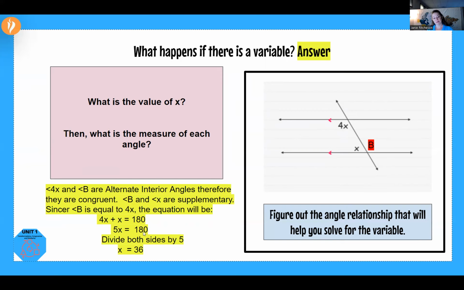And then to cancel out times 5, you divide both sides by 5. So the value of x is 36 degrees. So that means this angle is 36 degrees. And to get the measure of this angle, I would multiply 4 times 36 to find out the measure of this top angle, this big obtuse angle. And of course, we know that obtuse angles are greater than 90.